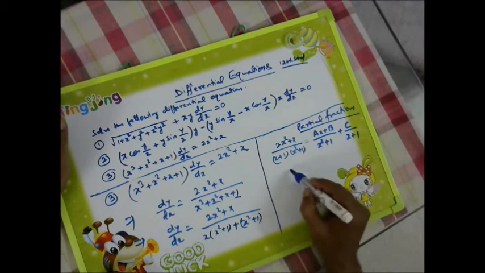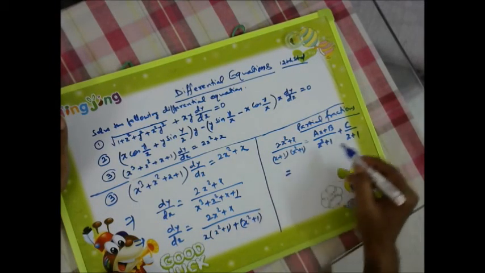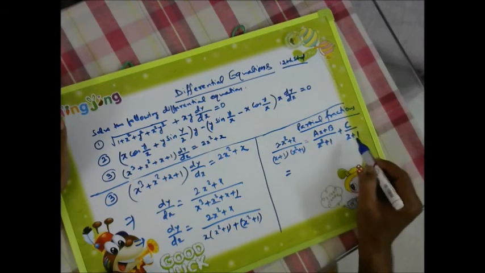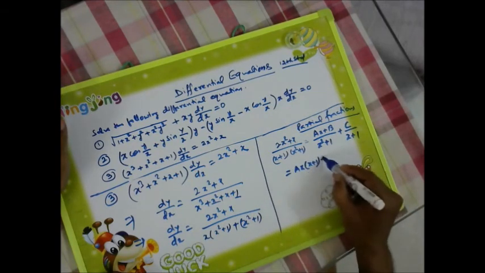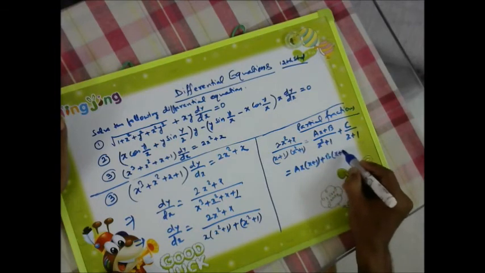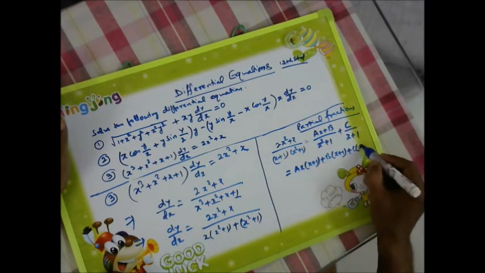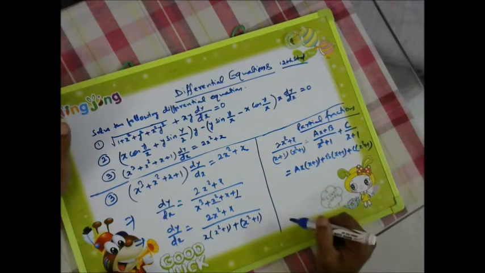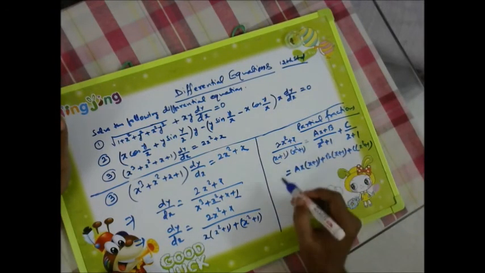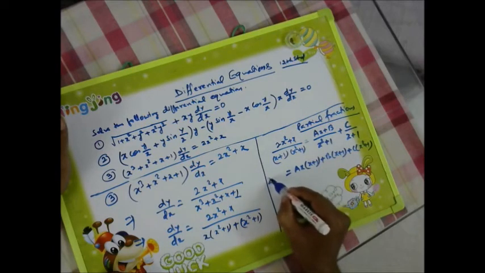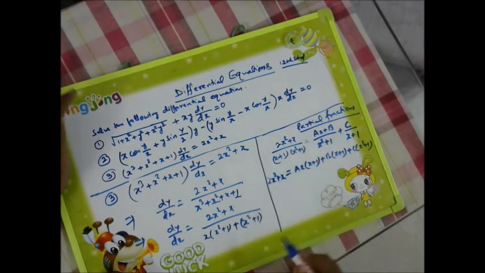Right hand side, ax plus b into x plus 1, so ax into x plus 1 plus b into x plus 1 plus c into x square plus 1. This will be the numerator part. Denominator is same, and this numerator will be equal to 2x square plus x.